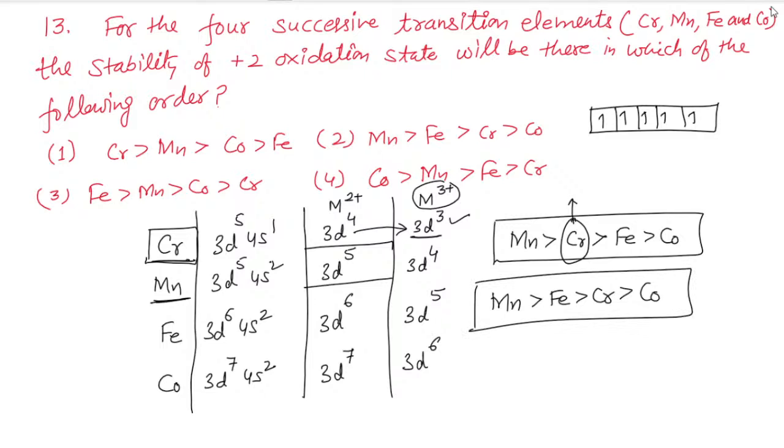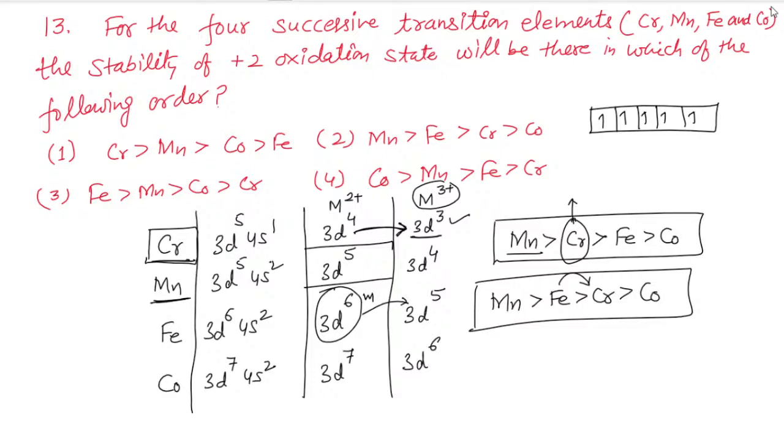Otherwise chromium should be after manganese, but because chromium 2+ can easily be converted into chromium 3+ as it becomes 3d3, chromium goes after iron. In iron it is 3d6, which is more stable than 3d5.